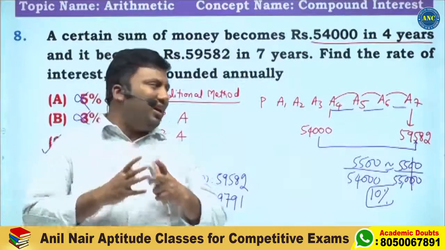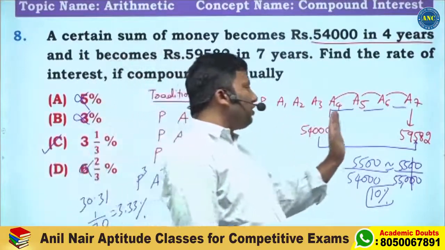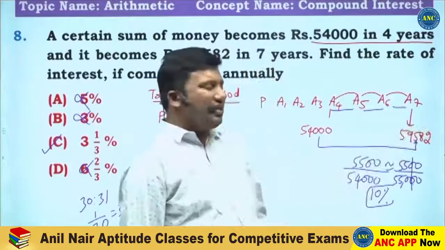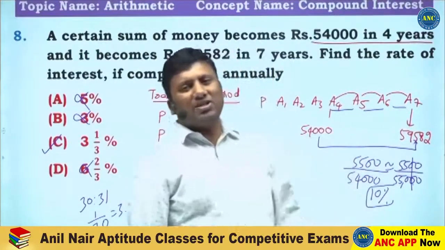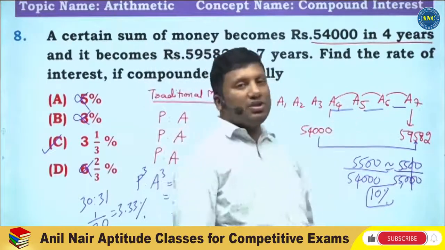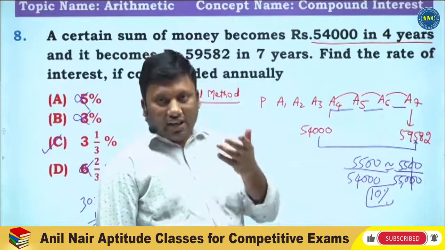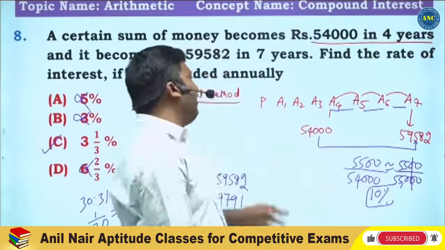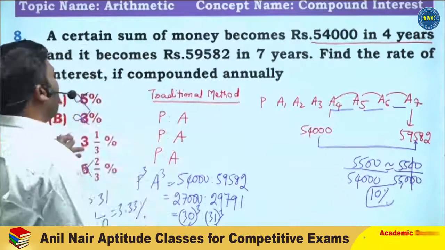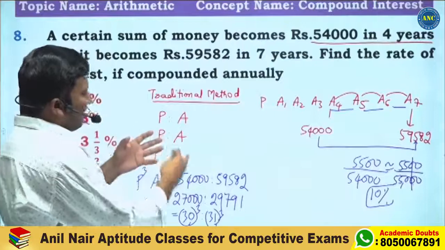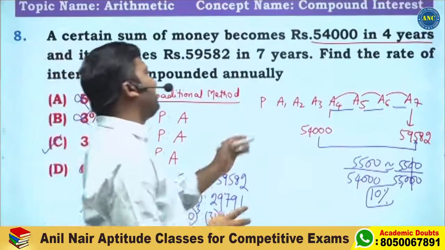Very, very easy concepts. You think like this: make 54,000 into 60,000. Extra it is 6,000. 6,000 on 54,000 is 1 by 9. The answer should be 11 percent if applied 3 times. 11 by 3, the answer should be just greater than 3. 5-second approach.